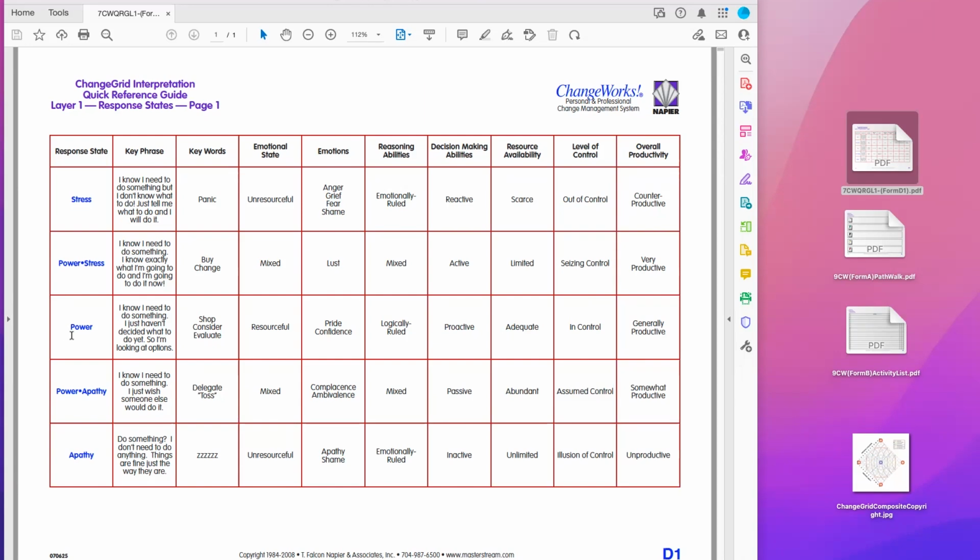But very, very often, even with clients we've worked with for a very long time, they're going to enter up in stress. And we have to do something to get them out of stress so they can see the situation from a more detached, objective perspective. Sometimes they're not that far gone. They're not way up in stress. Maybe they're in power stress.